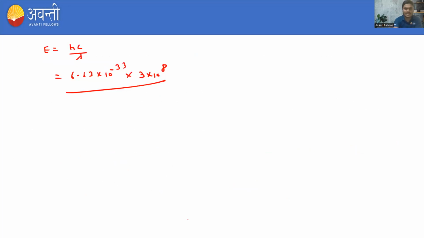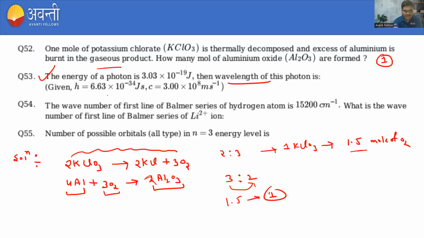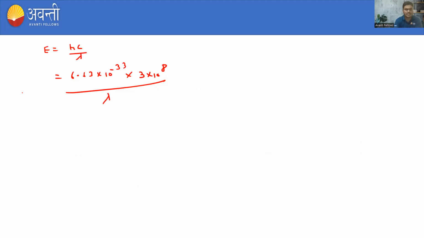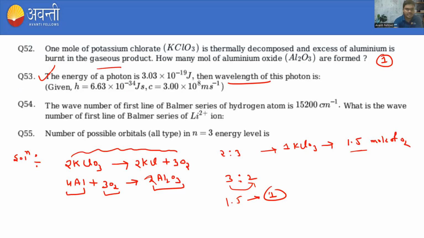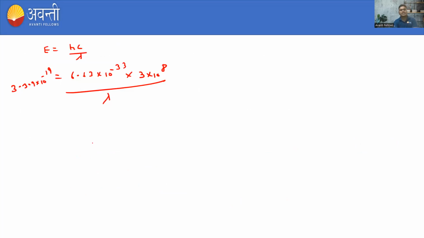Energy is already given, and lambda we need to calculate. What is the energy given? That's 3.309 into 10 to the power minus 19. So this is a very simple question, right? By just putting the values, you can actually calculate lambda.